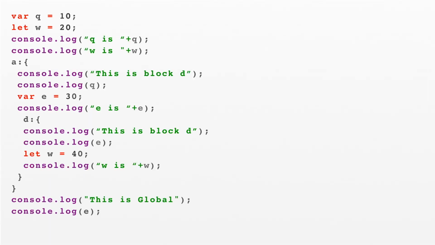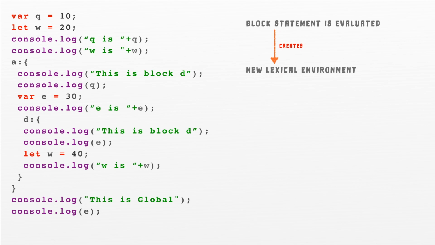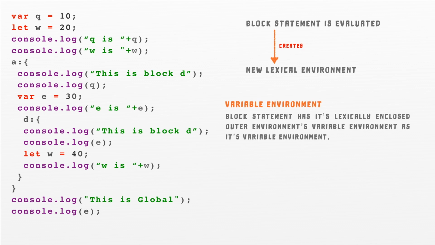This is the code we have given, right? Before getting into the topic, we need to know that whenever a block statement is evaluated, it creates a new lexical environment. Coming to the variable environment, a block statement has its lexically enclosed outer environment's variable environment as its variable environment.